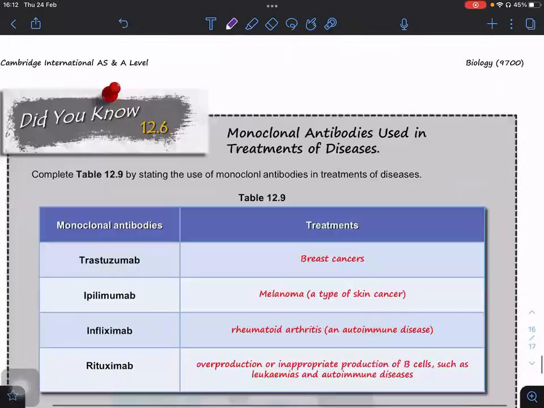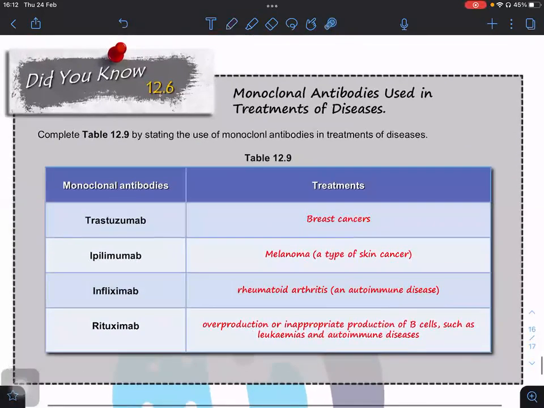Again, in this table, you do not need to memorize. The only one you need to know is trastuzumab, or the commercial name Herceptin, which is used to treat breast cancer. Ipilimumab, infliximab, rituximab are, for example, ipilimumab for melanoma, a type of skin cancer.